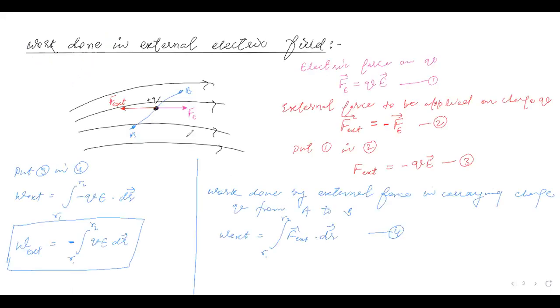This is your A and B. Note it down here, RA and RB, because we have taken the position in terms of A and B. Please make this correction. Next, RA, RB, Q into E dot dr.